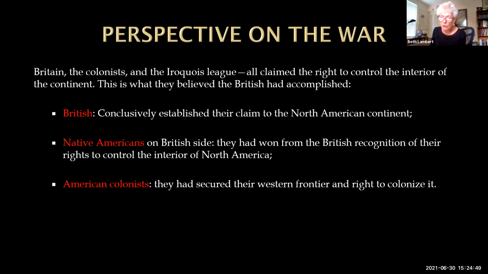And the settlers were to stay on the eastern side of the Appalachians. This was not going to be a permanent thing, but it was instituted as a way of making peace initially.